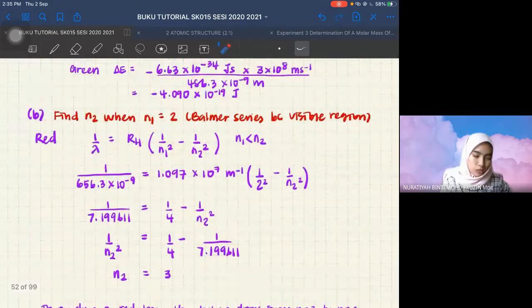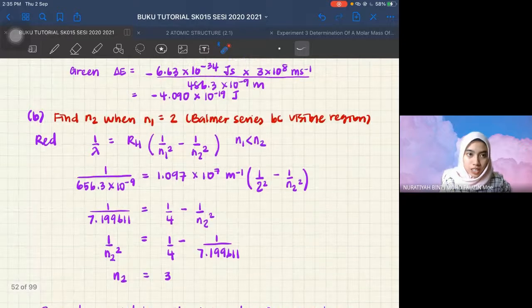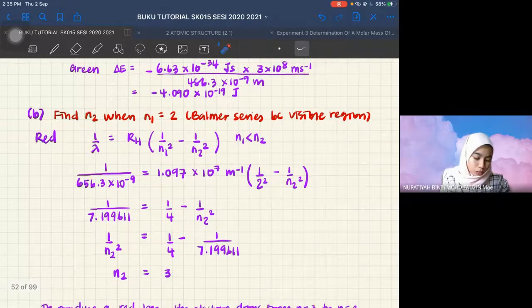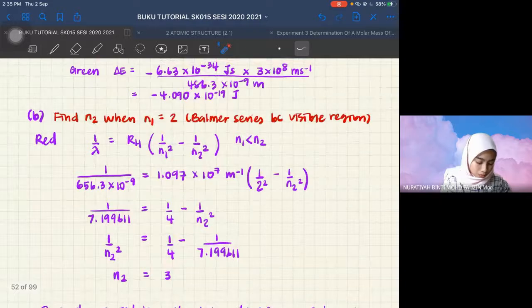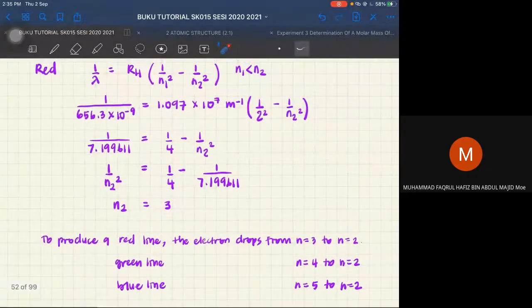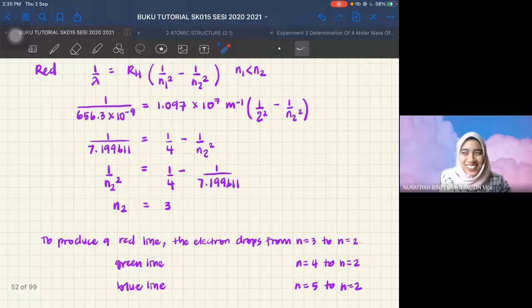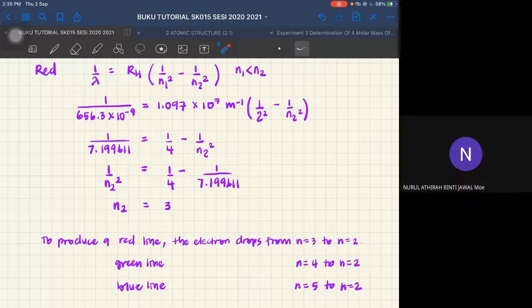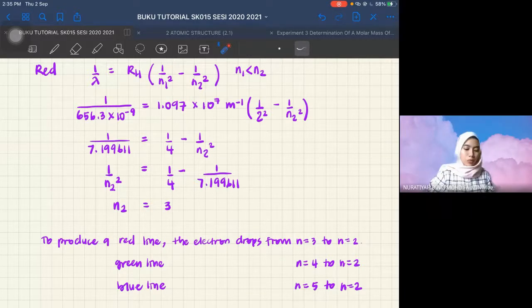Sebab tak tahu kan benda formula ni. Sebab tak tahu benda formula ni ke? Tak dengar, Miss. Okay. Yang tak dapat sebab apa? Tak tahu guna formula ni.